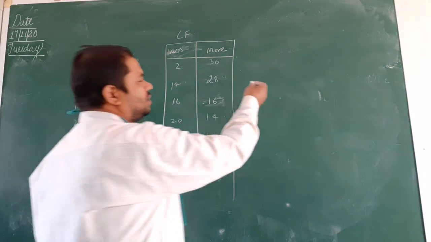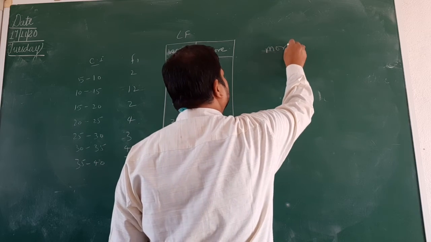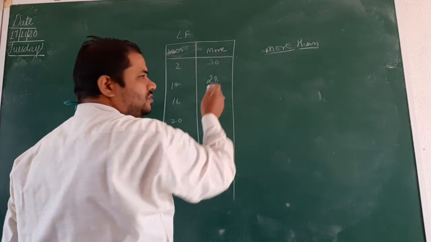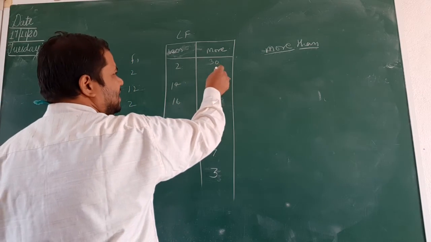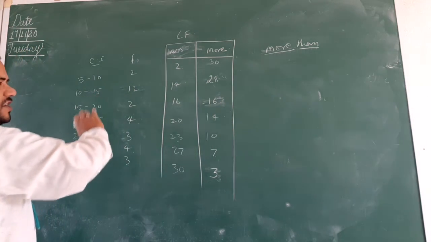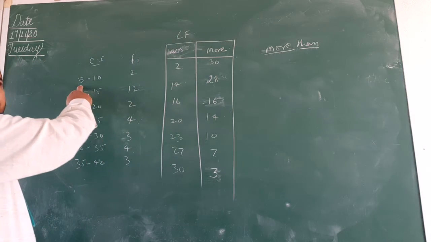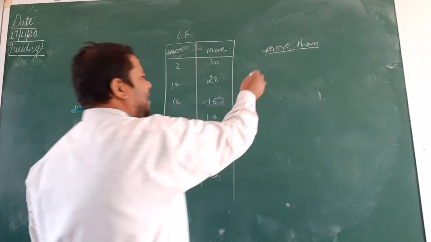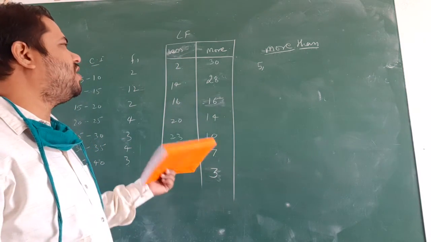Now, you just plot the graph. For the more than type, what do you do here? You find the abscissa, that means the limit on the x-axis, and which limit in more than type? Lower limit. So 5, 10, 15, this is the limit. So 5 is the abscissa, and what is the ordinate?